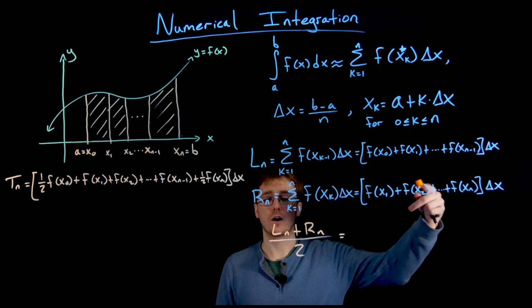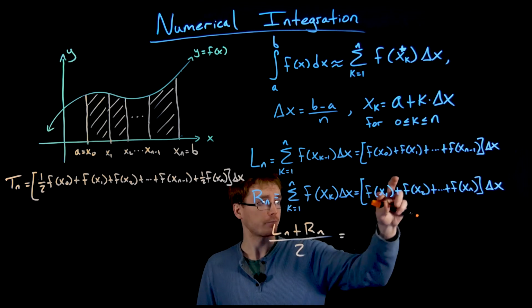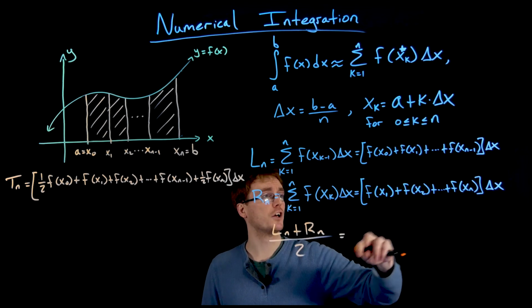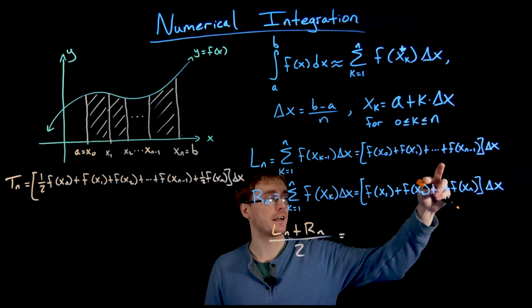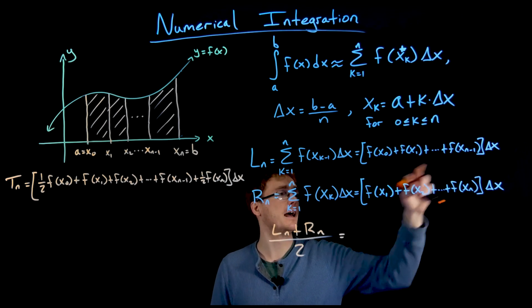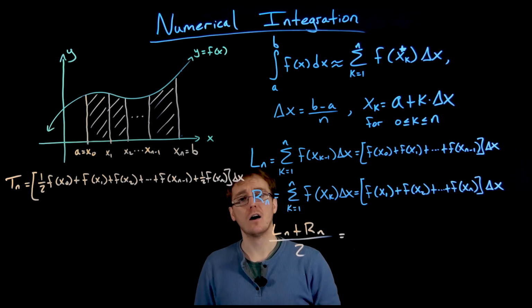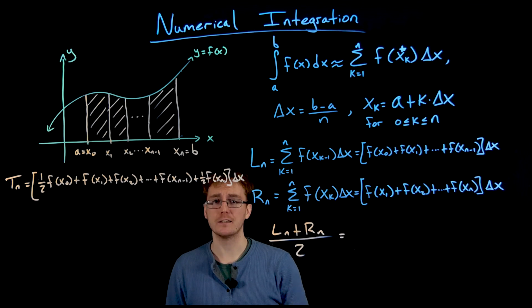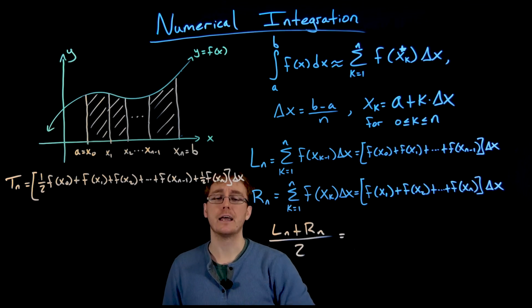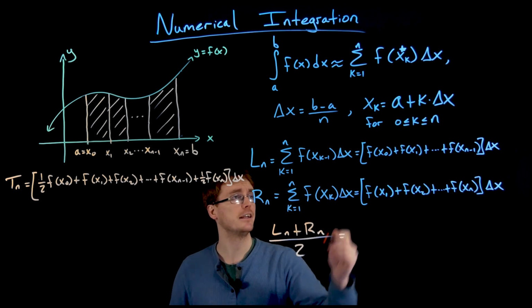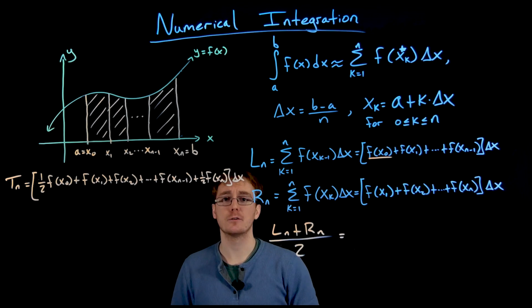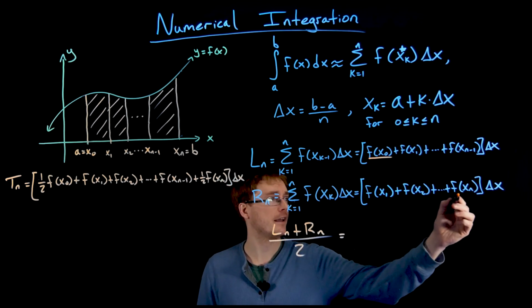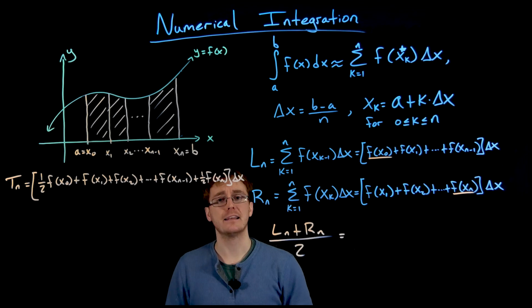Well, we're going to have a lot of like terms here, right? f of x1 shows up in both sums, as does f of x2, f of x3, and so on until we get to f of x sub n minus 1. All these terms are going to be double counted when we add the left endpoint and right endpoint approximations together, except the very first term in the left endpoint approximation and the very last term in the right endpoint approximation.